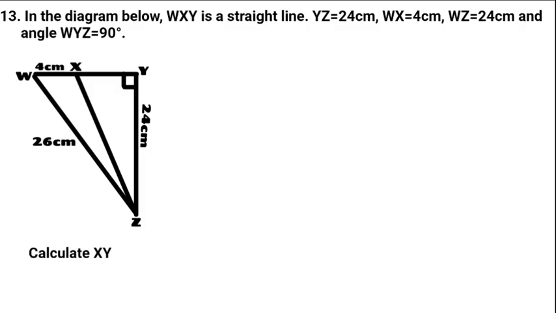You can check on the diagram to see the information presented and where it is. The question, at the bottom left where the diagram is, asks us to calculate the length of the line XY.